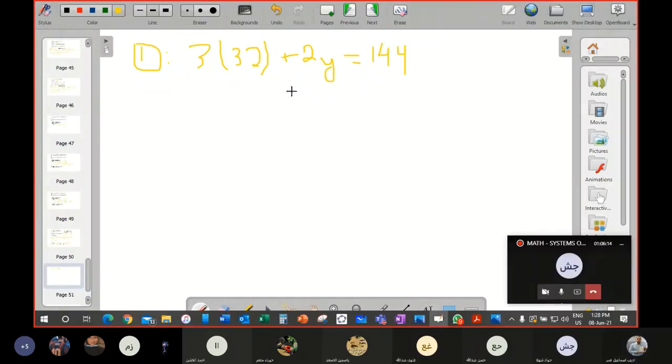So 3 times 32 is how much? 96. Plus 2y equal 144.